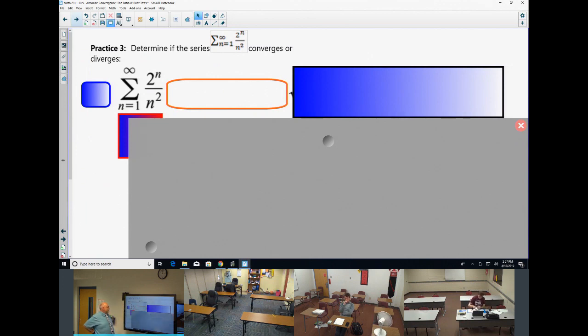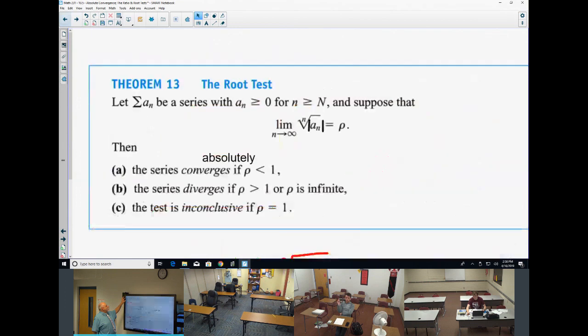All right, so Weston, what do you think? I can't find my chapter 10.5 thing, so I don't have the rules exactly, but I got 2. Okay. So if you get 2 as your rho, then you go back and say, well, if rho is greater than 1, then the series diverges.